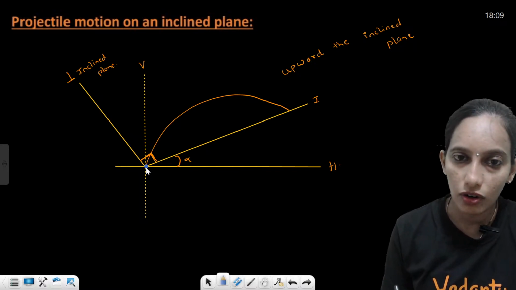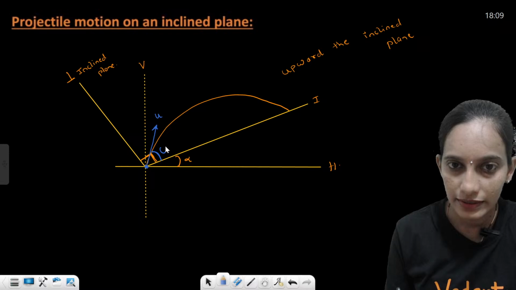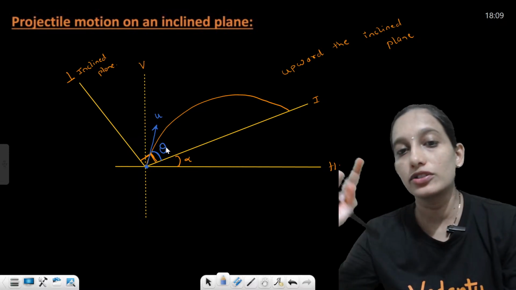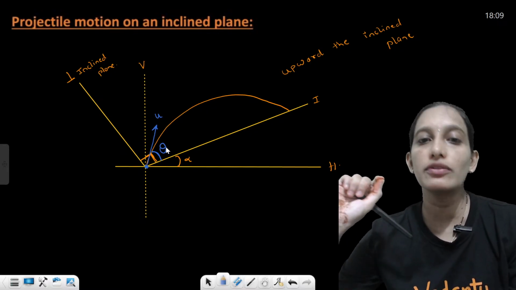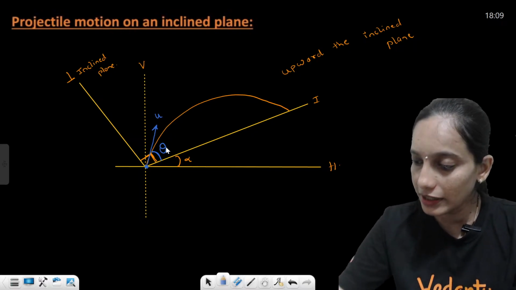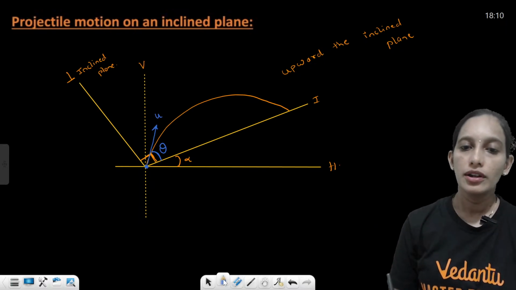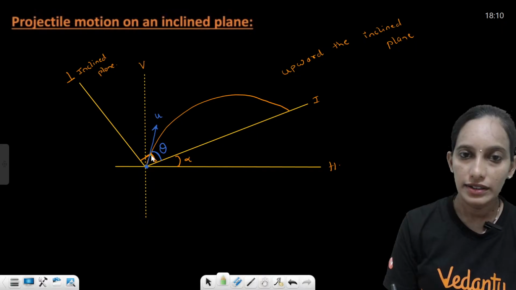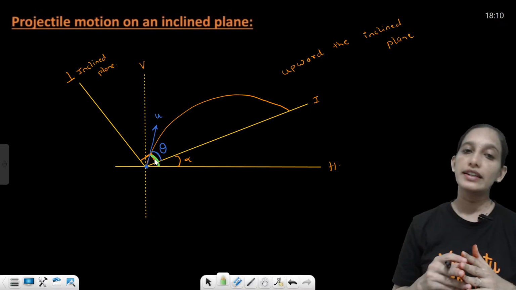And we also consider this is our initial speed u, which makes an angle theta with the inclination. So this is the notation I have used. Theta is the angle between the initial velocity u and the inclined plane. Please remember that, because different books use different notation. In some books they take the entire angle, from the initial velocity direction to the horizontal line, as theta.